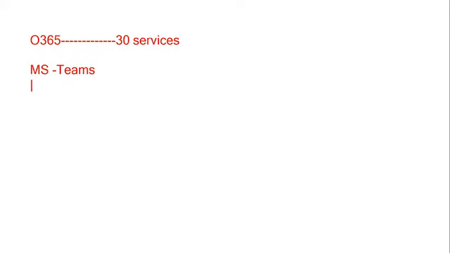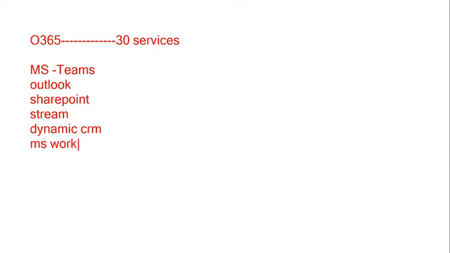We have MS Teams, Outlook, SharePoint, Stream, and also Dynamics CRM, MS Word, MS PPT. All these components are managed by Microsoft. You need not install these components on your device. Everything can be accessed in the browser itself.